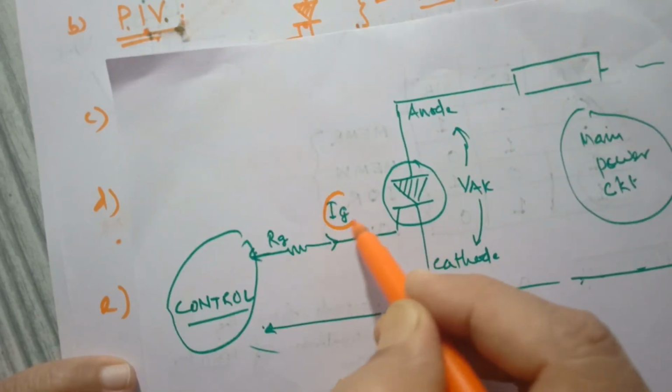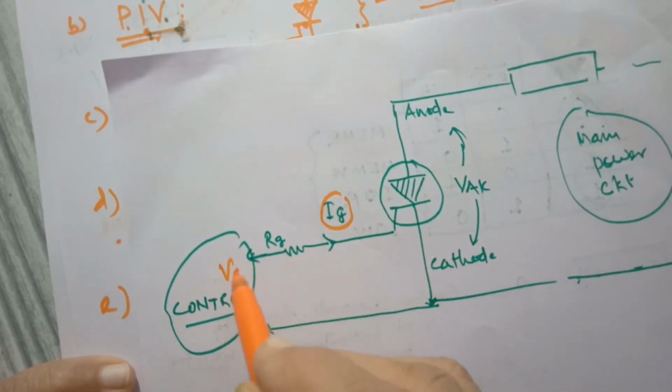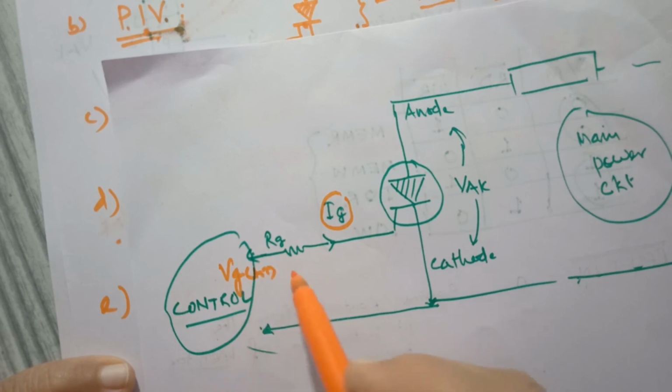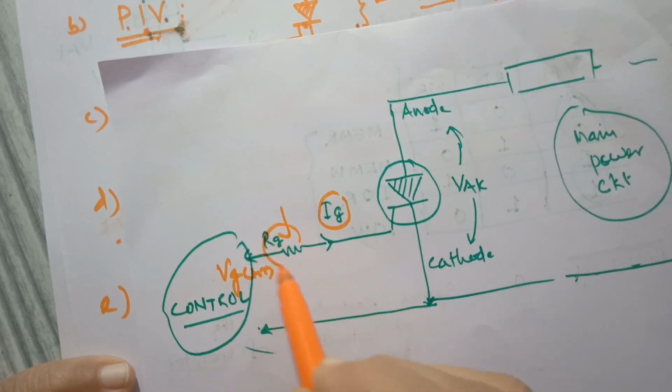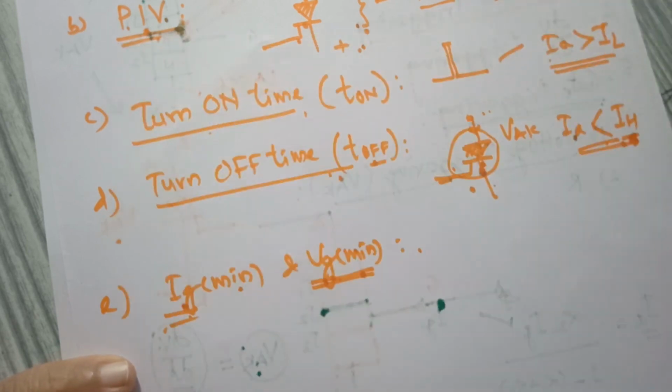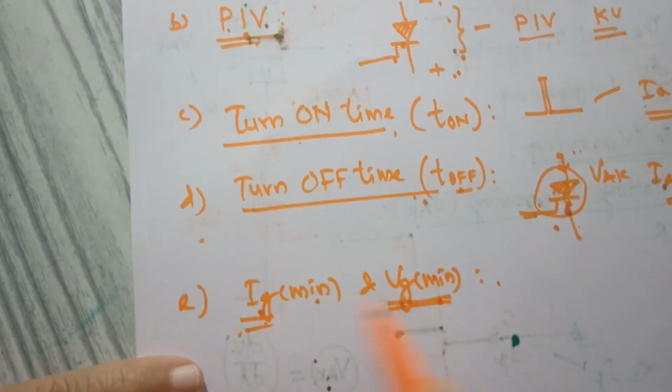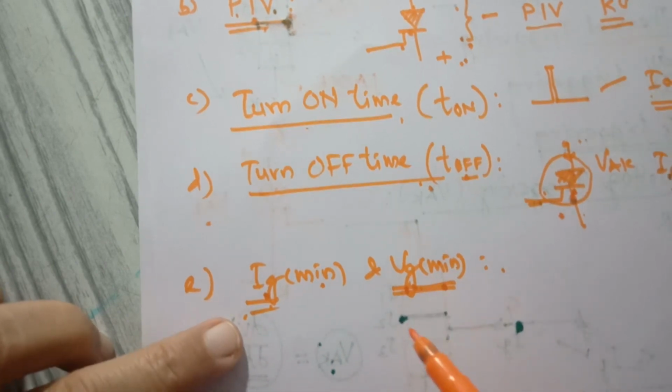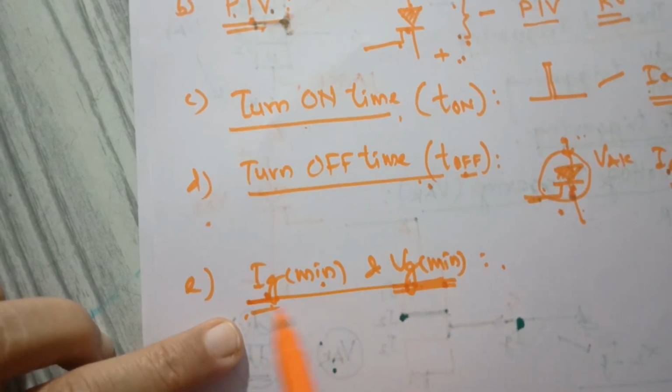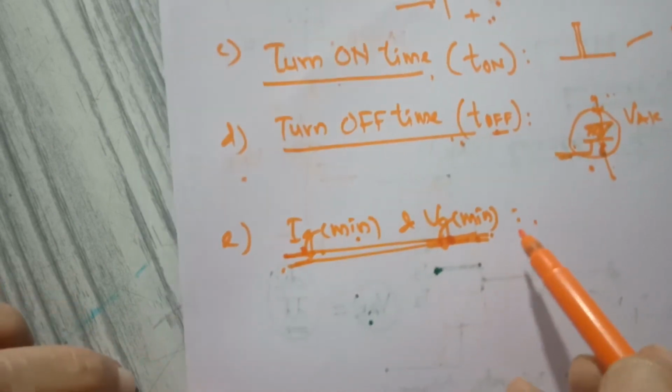To get an IG minimum, what the VG minimum should be is decided by the biasing resistor, the gate resistor. So they are interrelated; these two things are related to the value of that resistance. Minimum values mean the minimum values of VG and IG required to turn on the SCR.